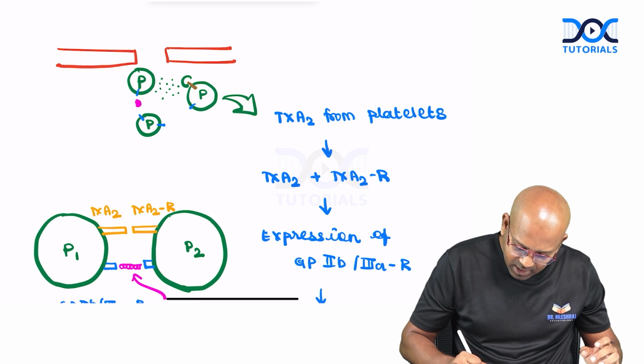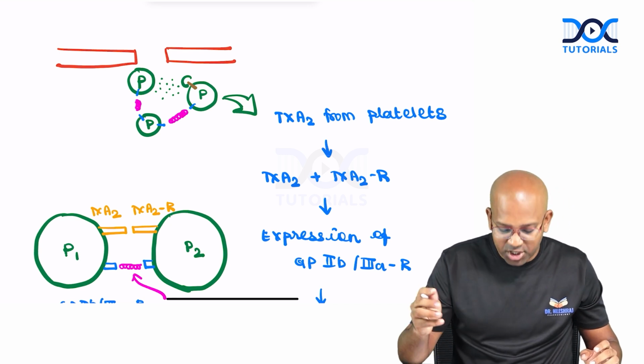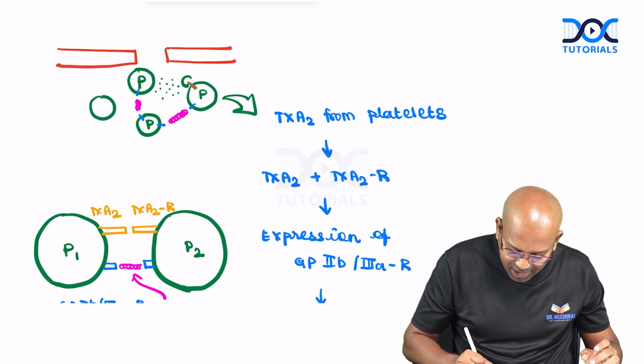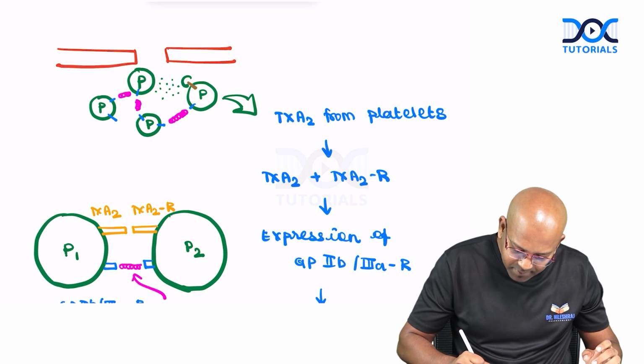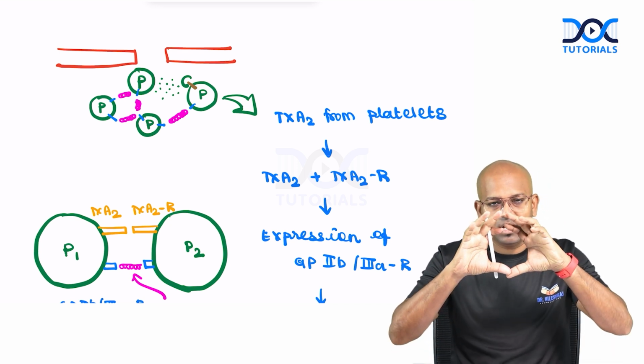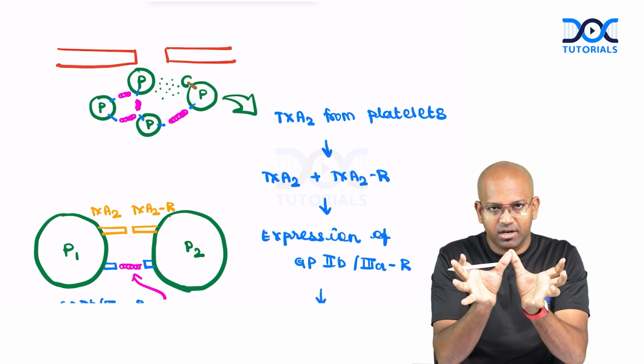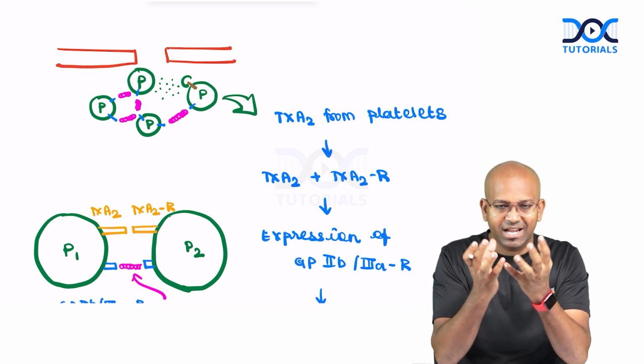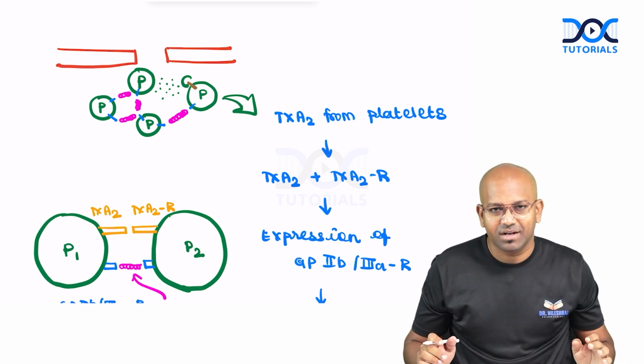There will be interlink with the help of fibrinogen molecules, which will again be converted to fibrin strands. Again, there will be one more platelet, from which there will be expression of GP2B3A, and fibrinogen will form that link between those. Thereby, there will be a complete linkage of all the platelets, which prevents the bleeding from happening over there.